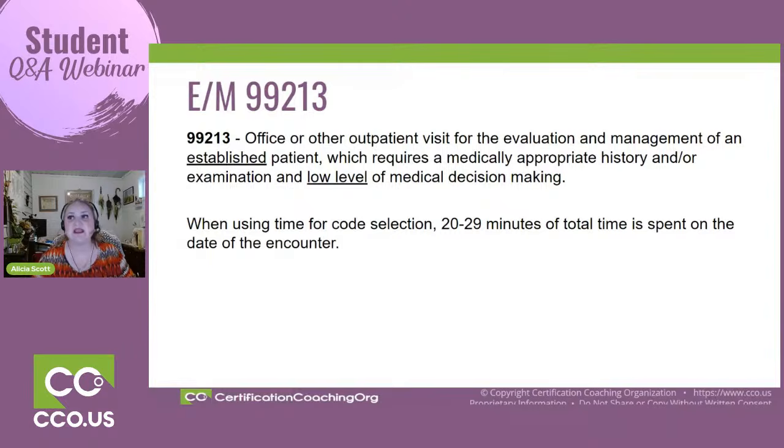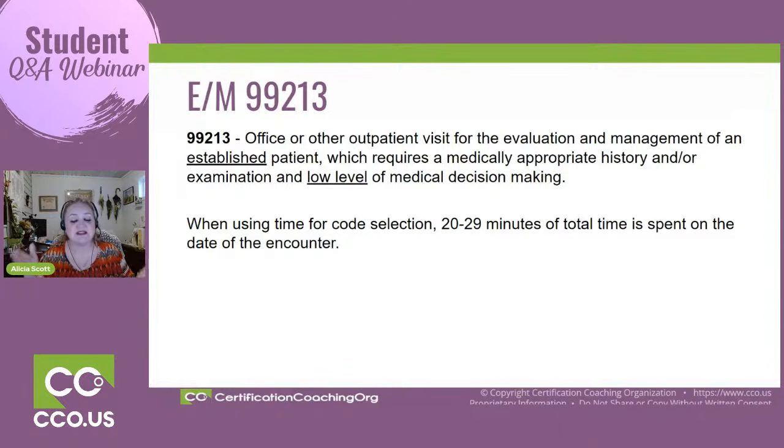That being said, if it's a 9921, that automatically tells you that it's an established patient. So if you're testing or looking at test questions, always remember that 9920 will be a new patient, 9921 will be an established patient, and that's the first thing you need to abstract when dealing with E&M.